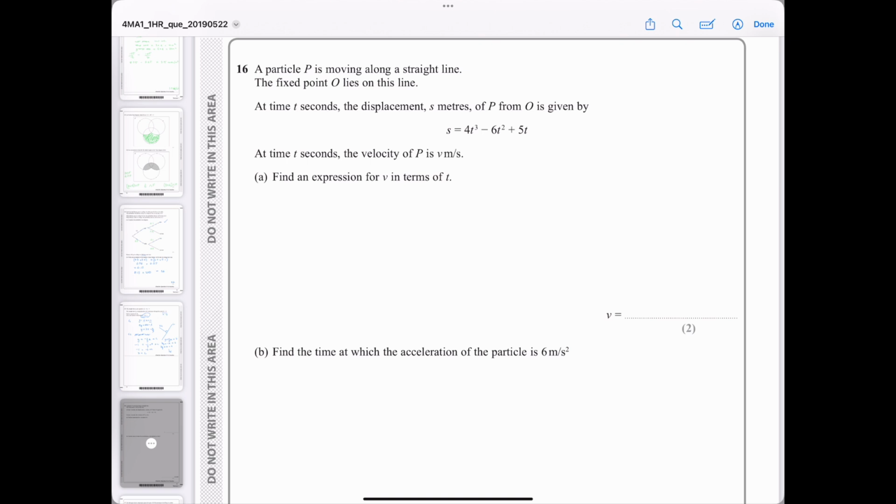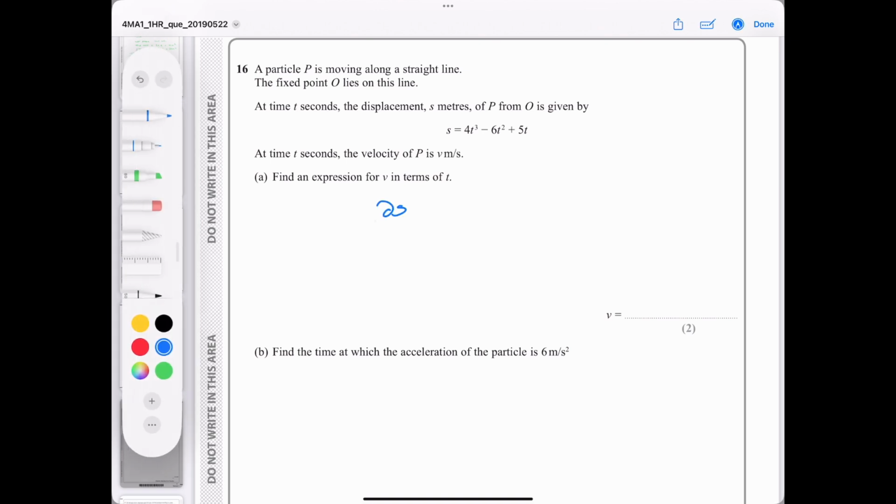You're going to have to differentiate this to find the velocity. So ds by dt, the change in displacement by the change in time, is 12t squared minus 12t plus 5, and that equals v in meters per second.